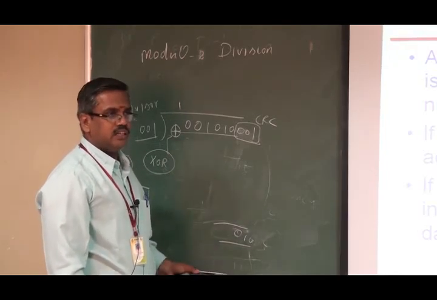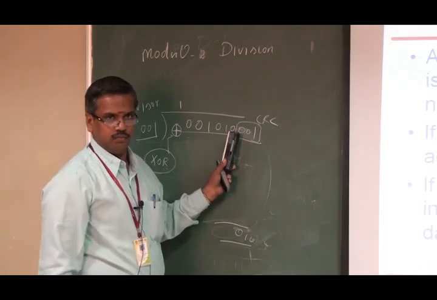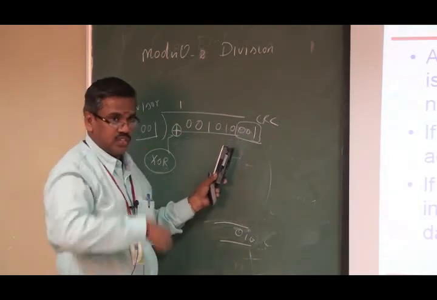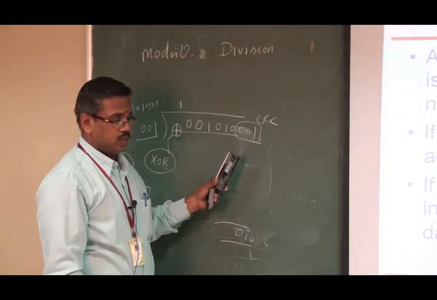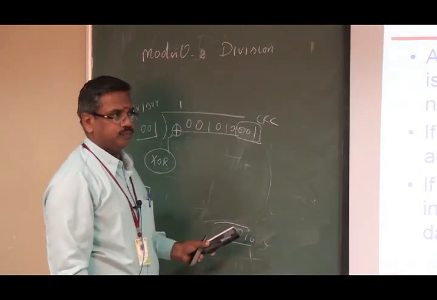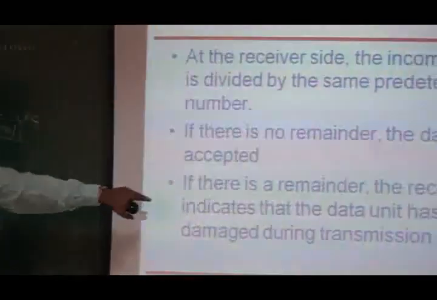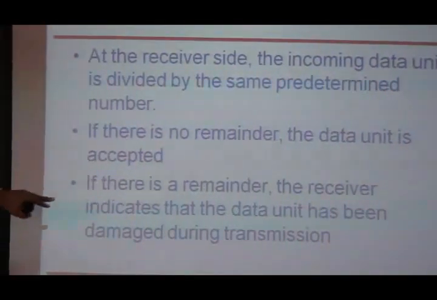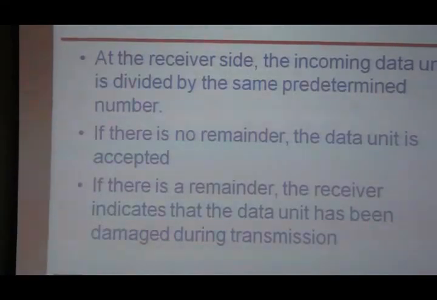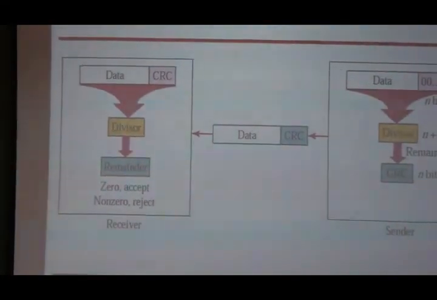Then the original data unit got damaged or has errors. The receiver indicates that the data unit has been damaged during transmission, so this errored message is dropped or rejected.